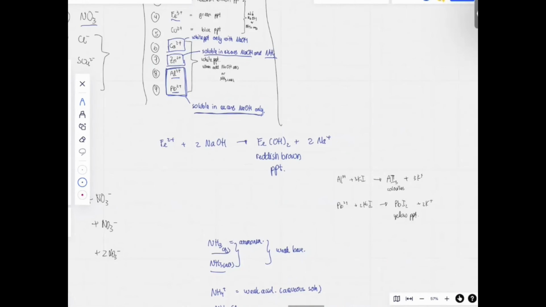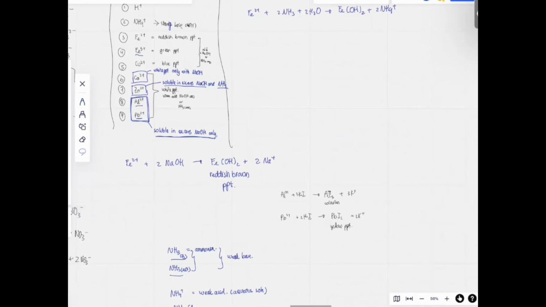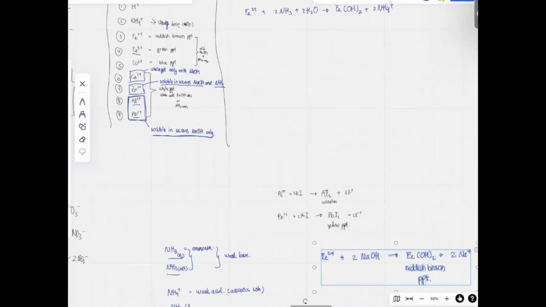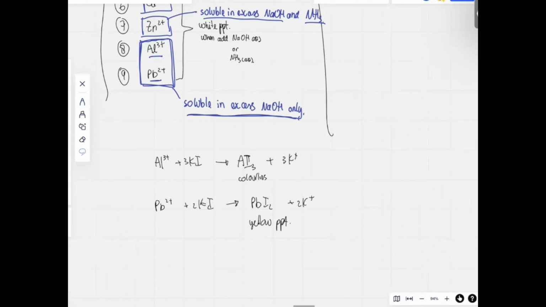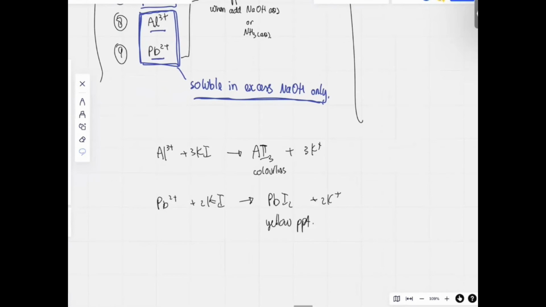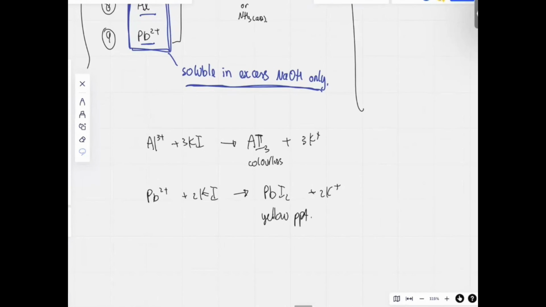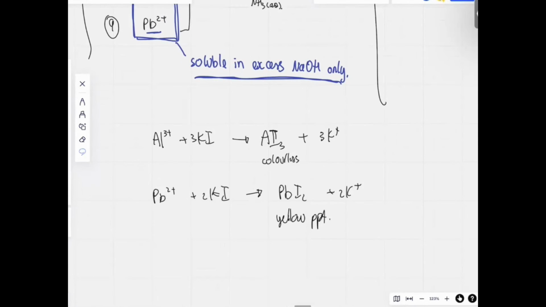How to tell them apart is not in the official notes, but I know. Not only me, a lot of people know also, but it's unofficial. You add KI, potassium iodide.